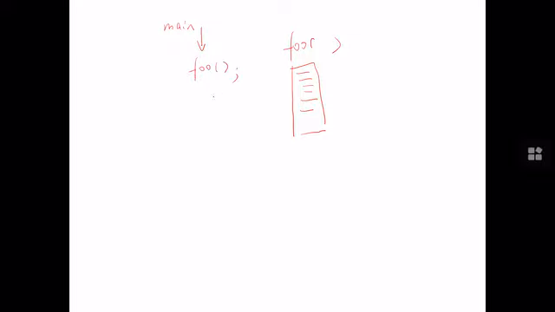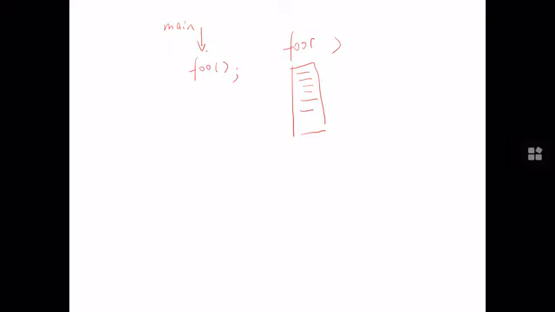For example, if we have a class, this is function foo. And then here there's the main entrance, and we call this function foo, like this.